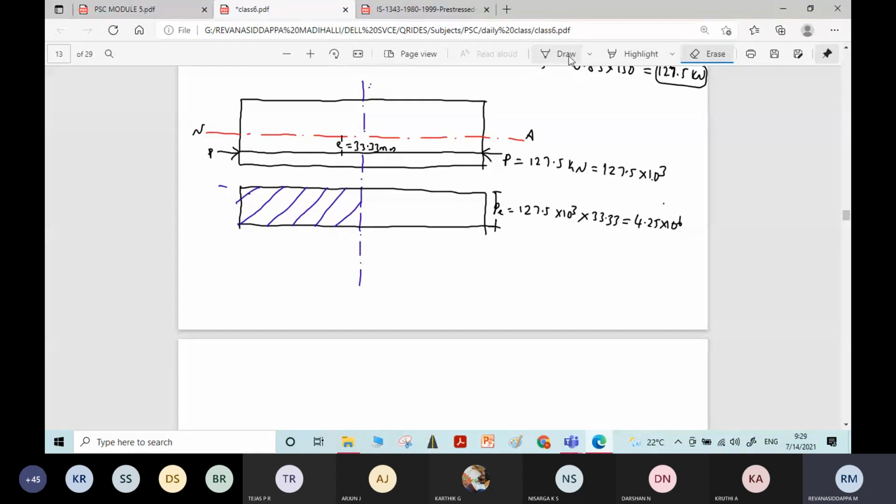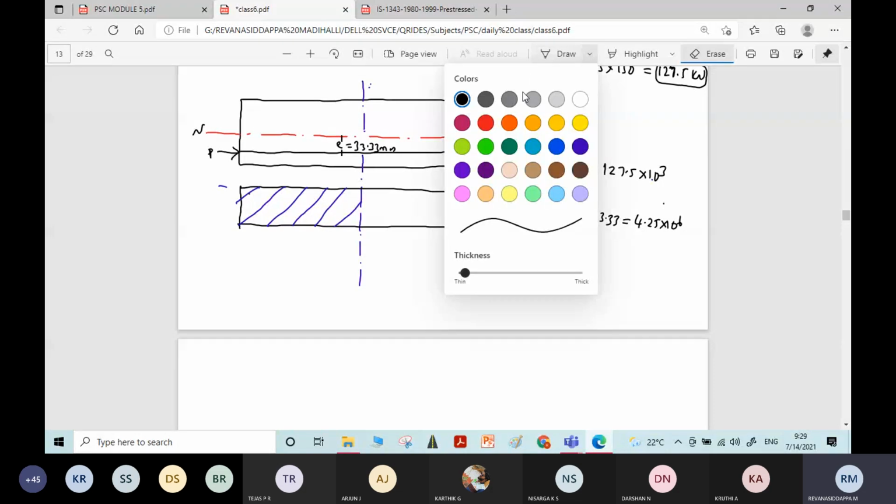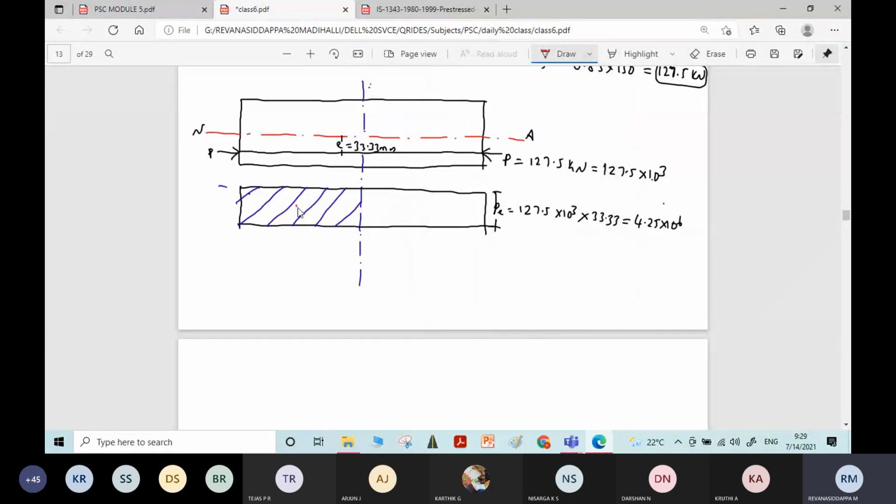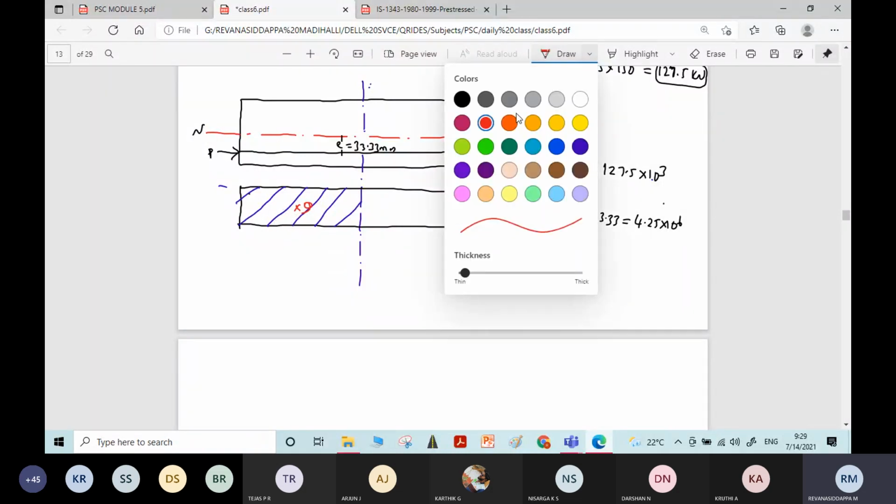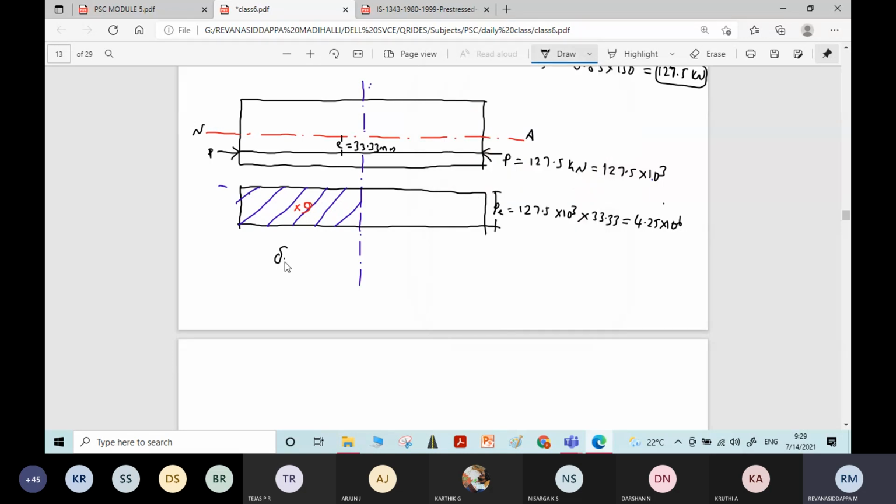Now, where will be the centroid here? G is the centroid. Okay. We know the formula to find the deflection due to pre-stressing force. Delta PS is equal to area into X bar divided by EC into IX.